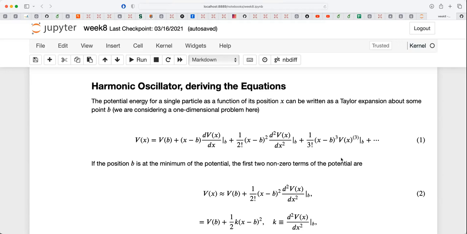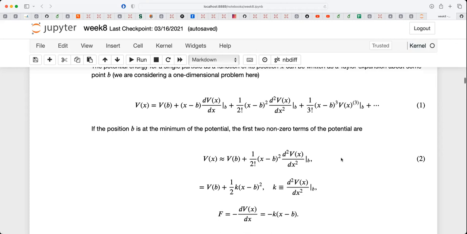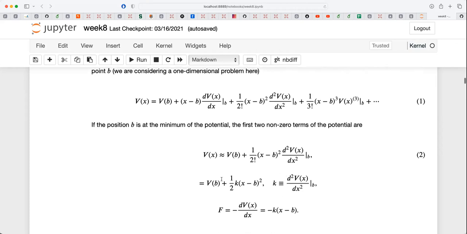That means that what we are left with around the minimum is what you see in equation 2 here, where you now can approximate the potential. If we leave out the higher order terms, we can approximate that with a second derivative, which we in turn approximate with a constant. And that is our potential. So we will typically set up an equation where the potential is given by this constant term, V of b, which we can scale away.